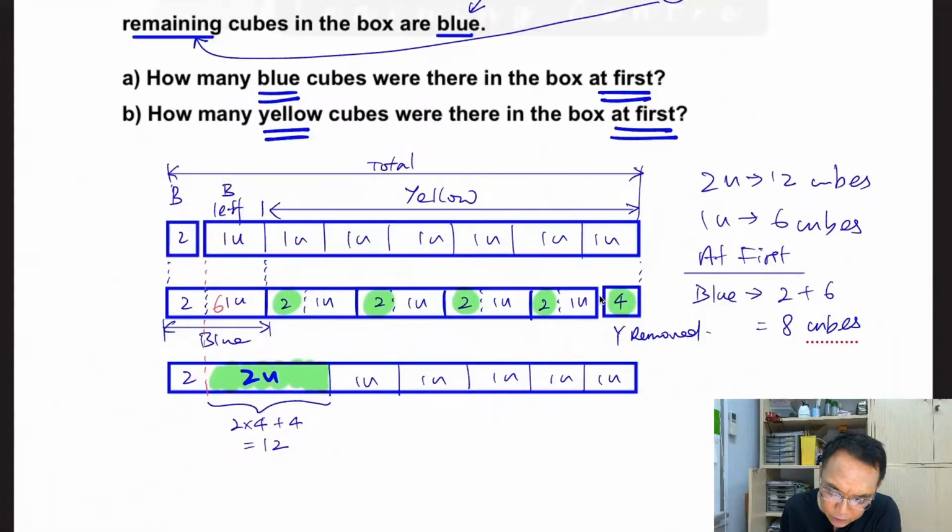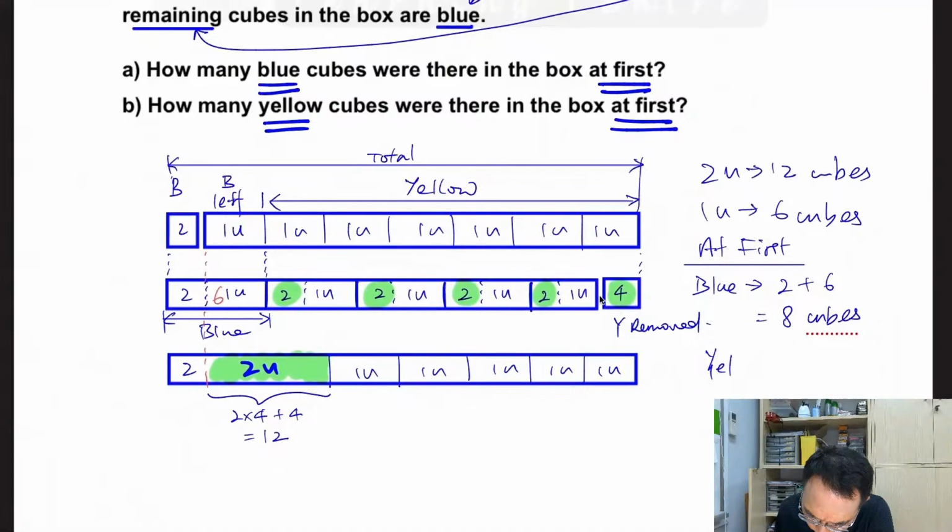And of course, the second question was, how many yellow? So yellow, this is A, B. Yellow would be the rest, right? Now, there are many ways to find yellow, but I think the safest thing to do is to find according to the number of units that you see here.